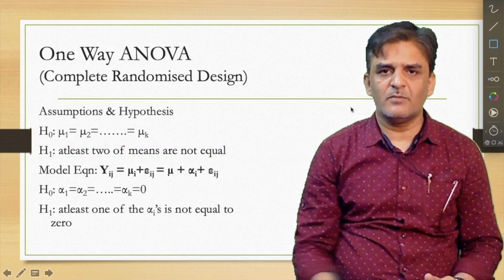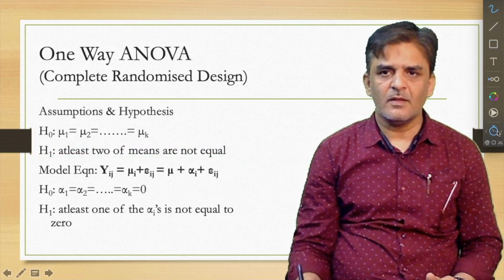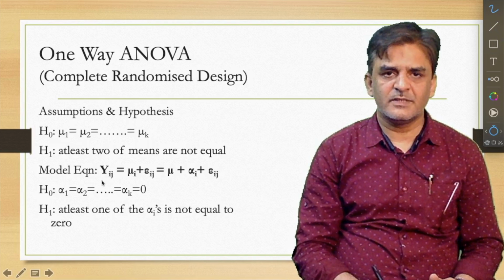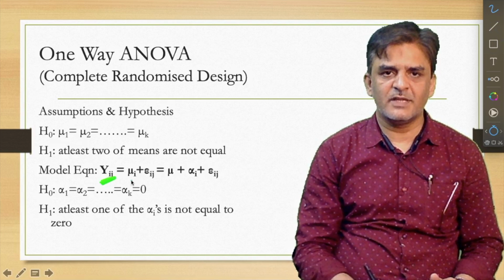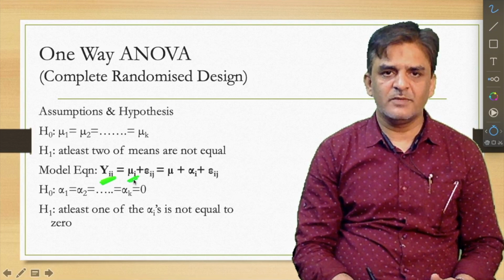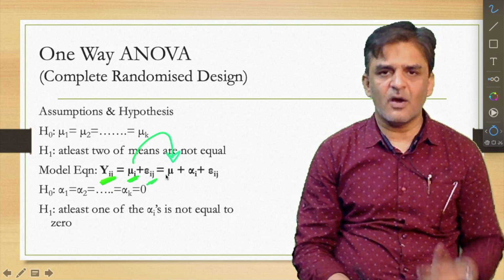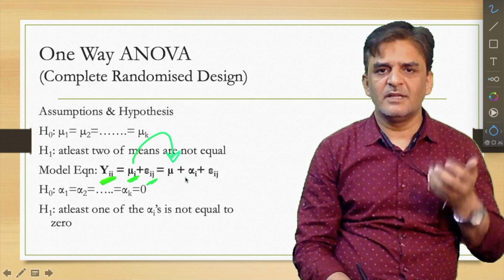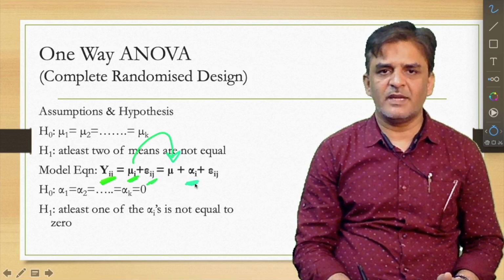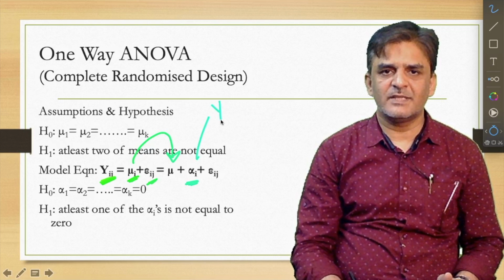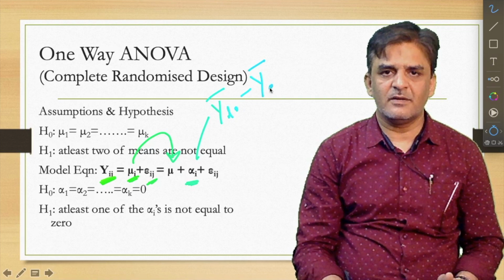When we talk about the model equation, the model equation says that the real observation has the mean observation with respect to each machine and error. This mean observation, if we take the overall mean out of that mean observation, then this is alpha i. Alpha i is nothing but basically y bar i dot minus y bar dot dot.